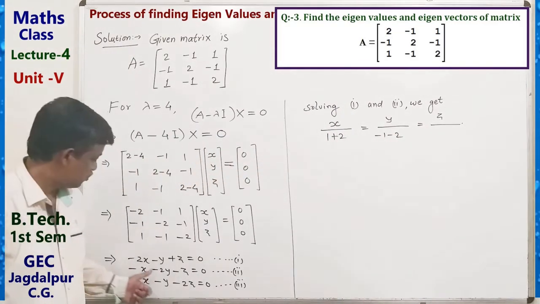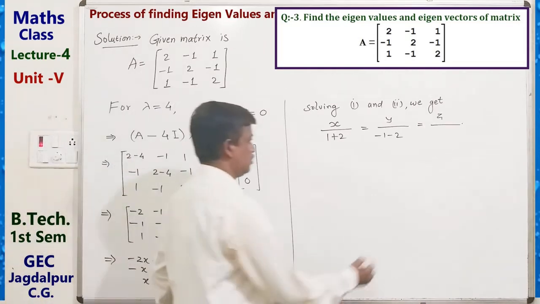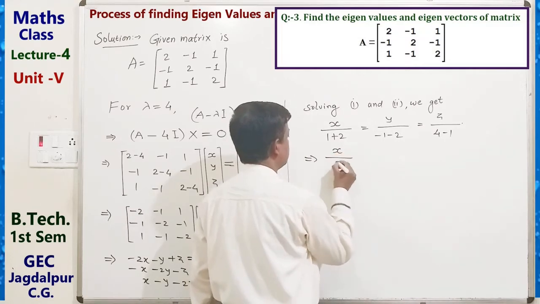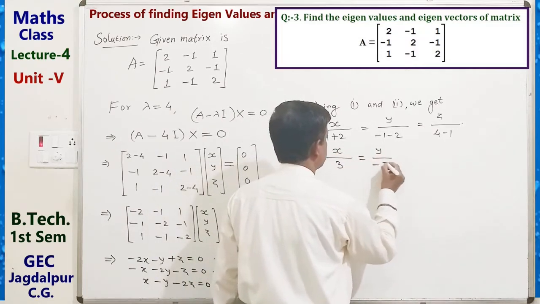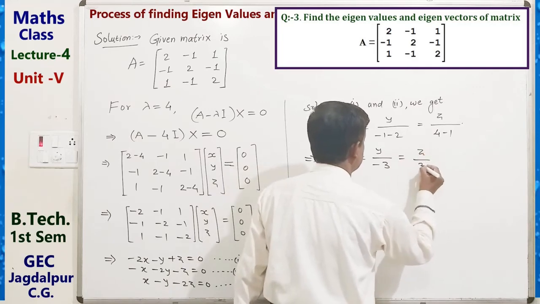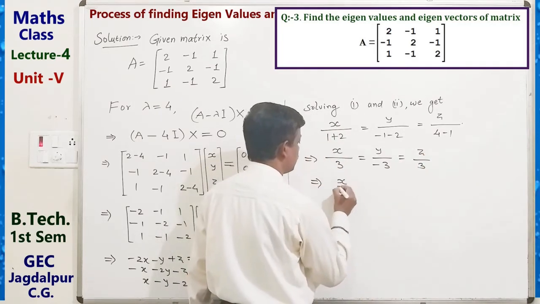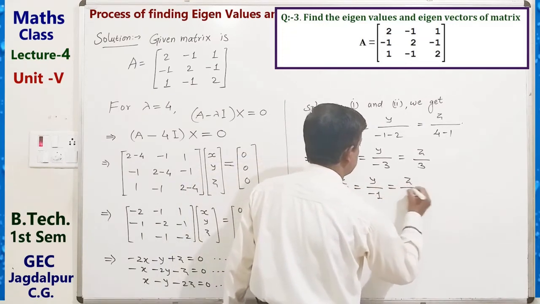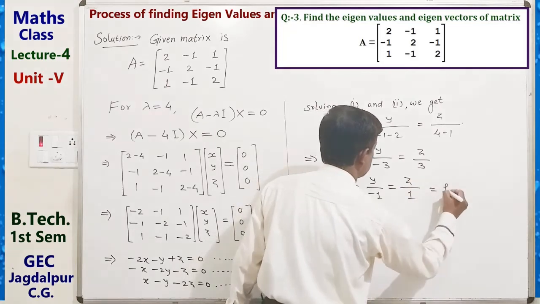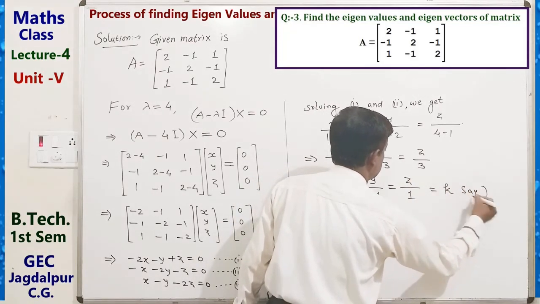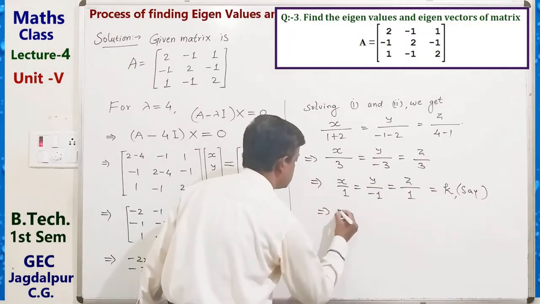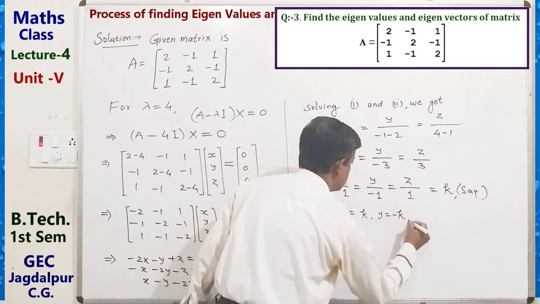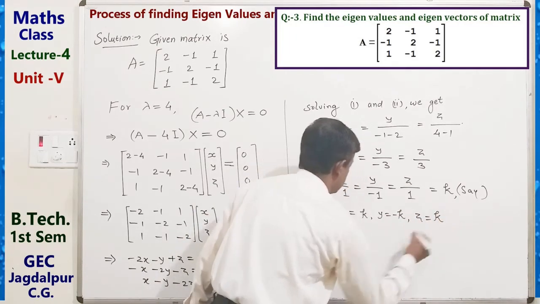Here plus 4 minus 1. So we get here x upon 3, y upon minus 3, z upon 3. So we can write x upon 1, y upon minus 1, z upon 1 equals to k. This implies x equals to k, y equals to minus k, z equals to k.